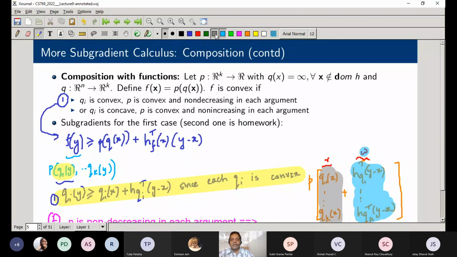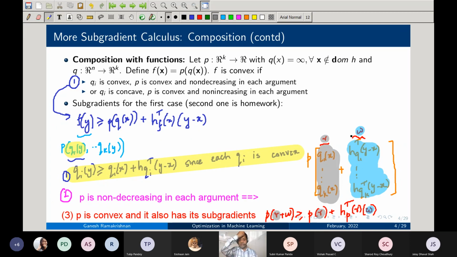The rest is straightforward. We applied this. Basically, you need to compose this, considering that each Qi plus h_Qi transpose (y minus x) is a scalar. This entire expression is a scalar.